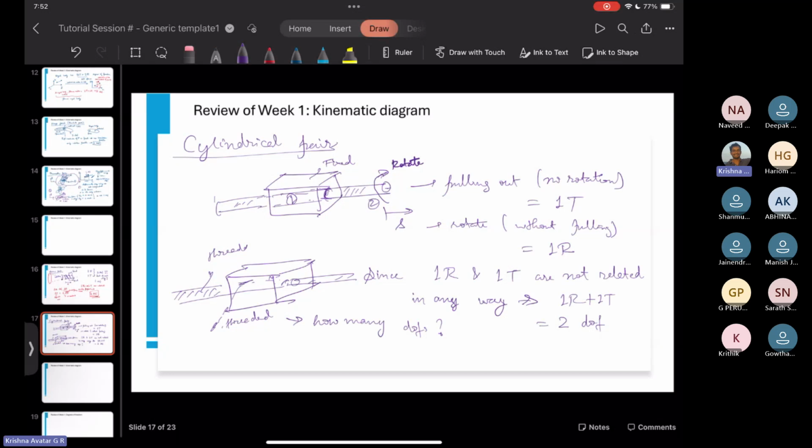Can you please respond, any of you? How many degrees of freedom would we have then? 1 degree.